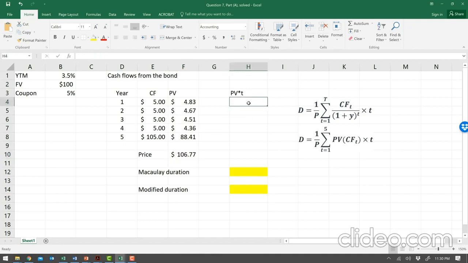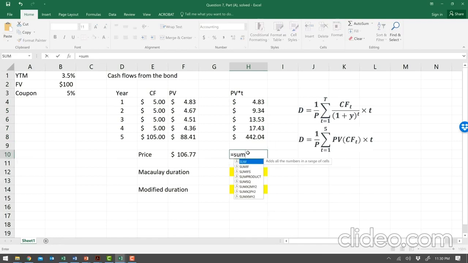So now for the next step, I will compute the present value of each of these individual payments and multiply it by the year in which it occurs. I will add them up as well. And then I will compute the Macaulay duration by taking the sum and dividing by the price of the bond.